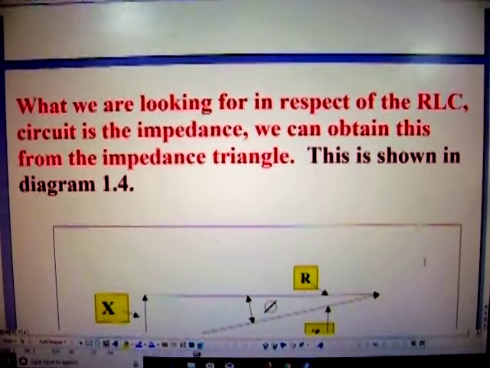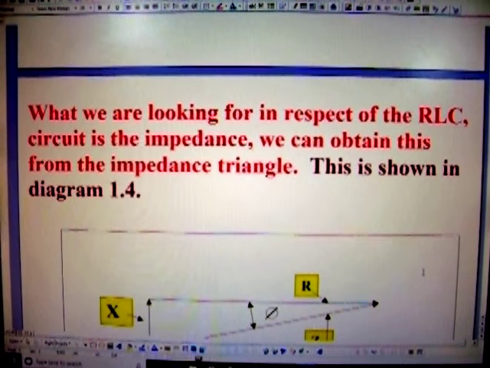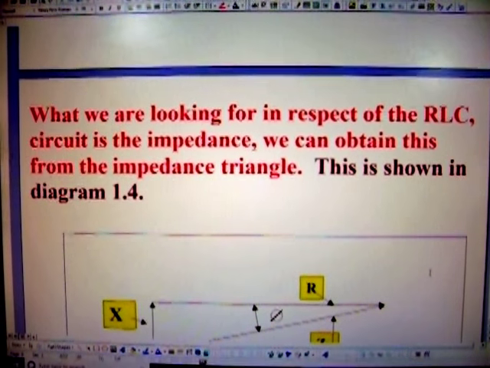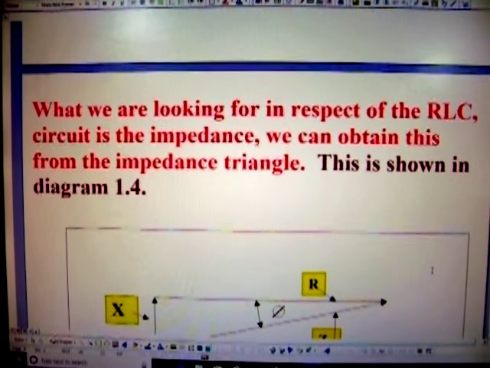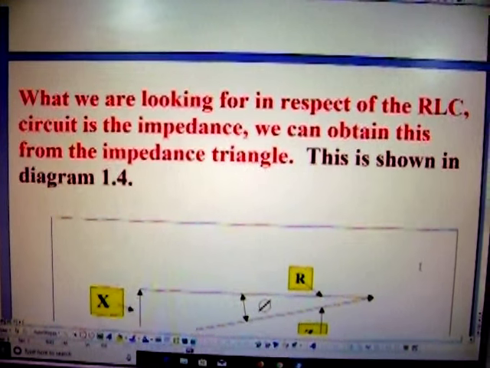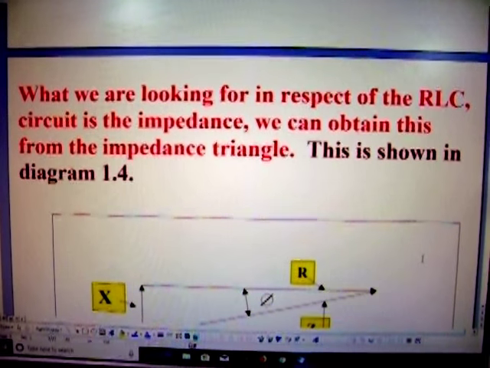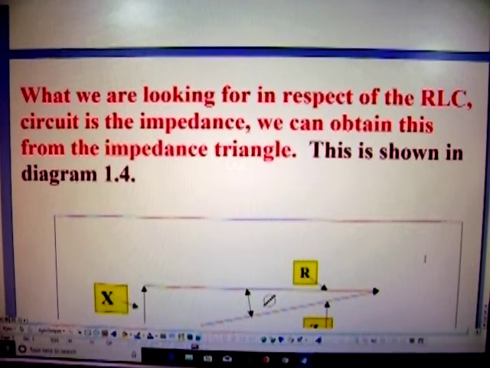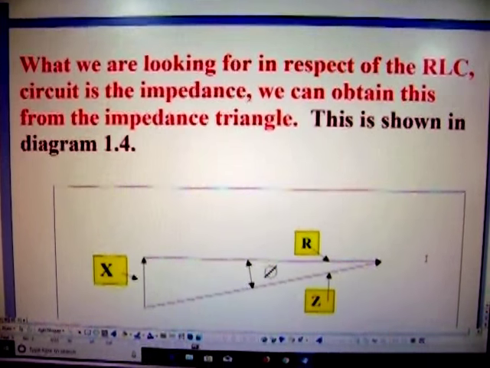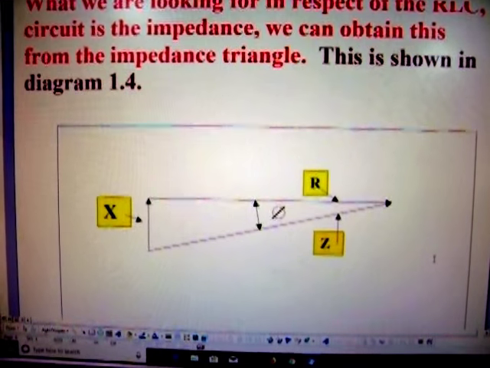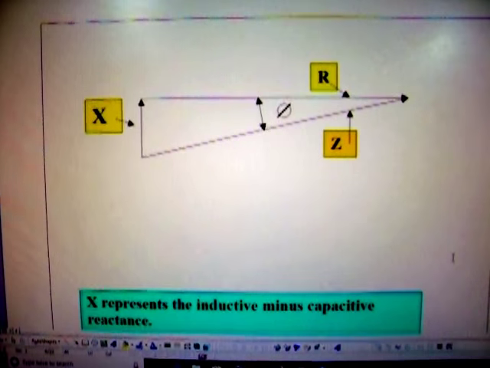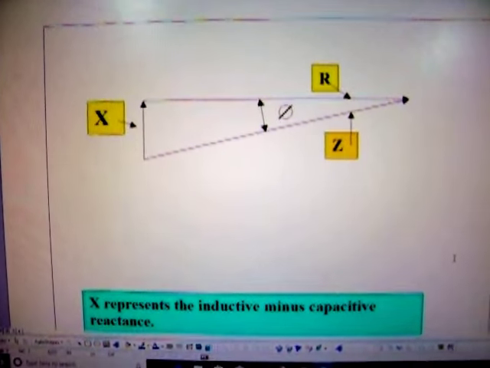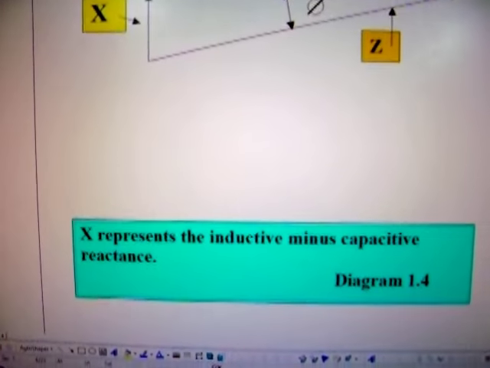Again here, you can read this for yourselves. Now, this is the impedance. Remember that in AC circuits, the current flowing sees impedance. All I've done here is show you those diagrams.